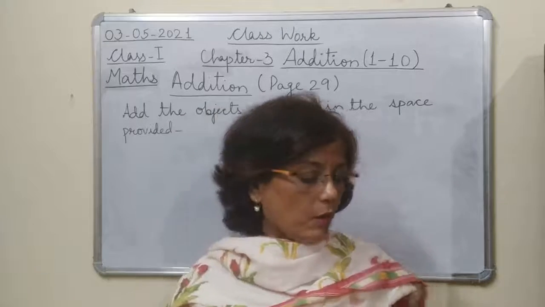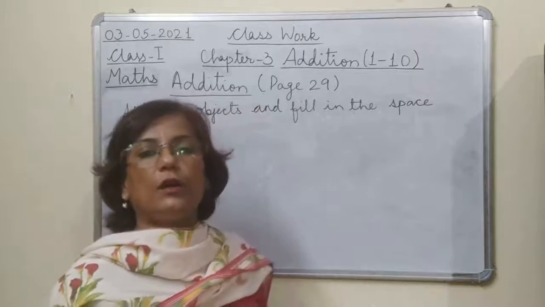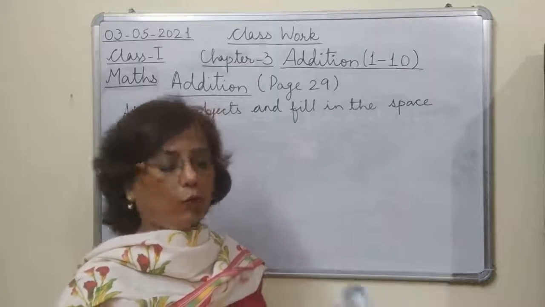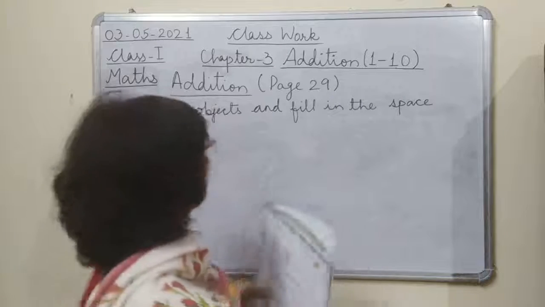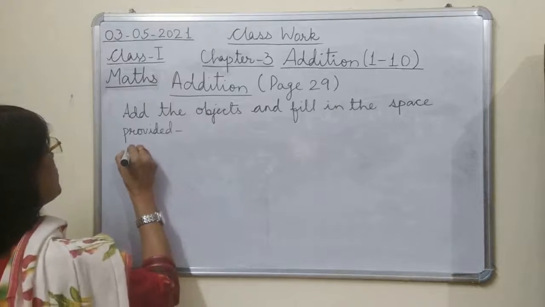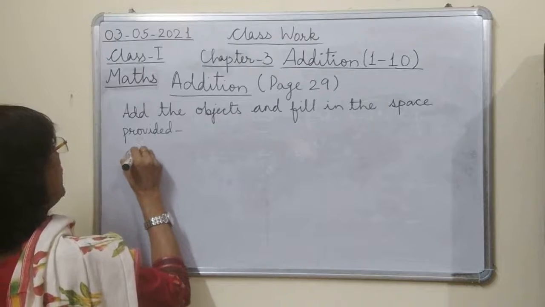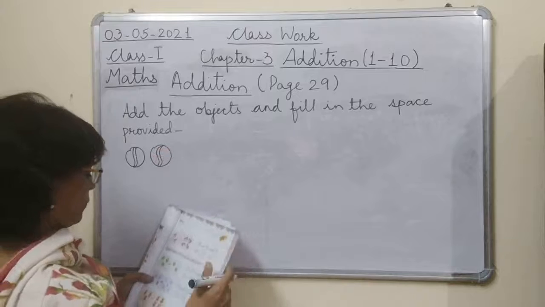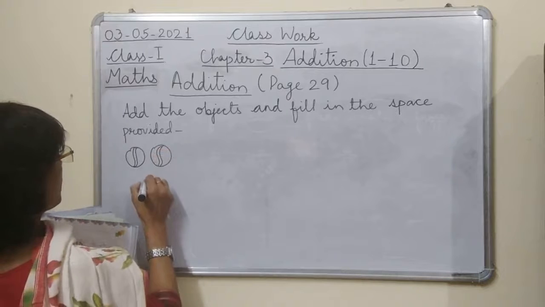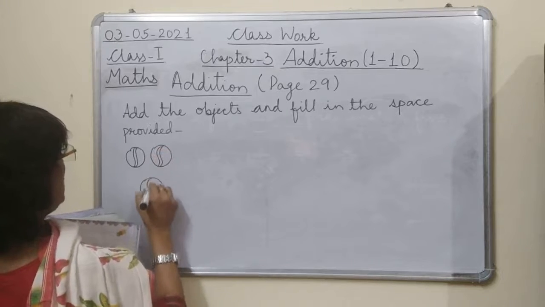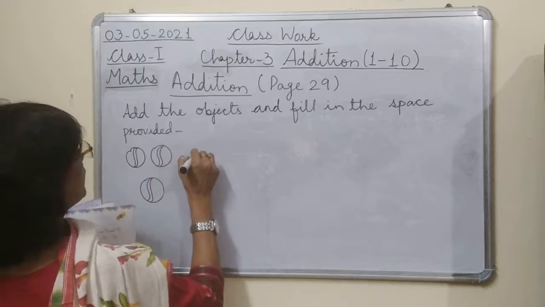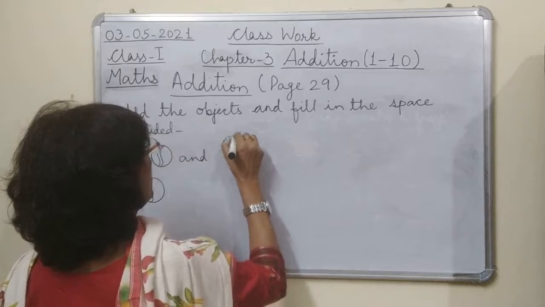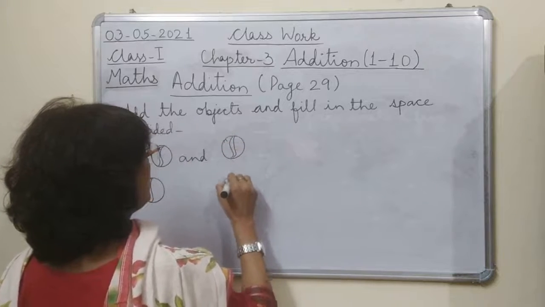Okay. Now first, what do you see? We can see 3 balls and 2 balls. 1, 2.